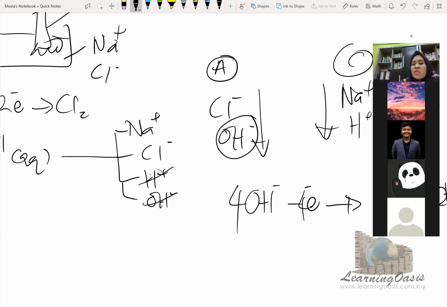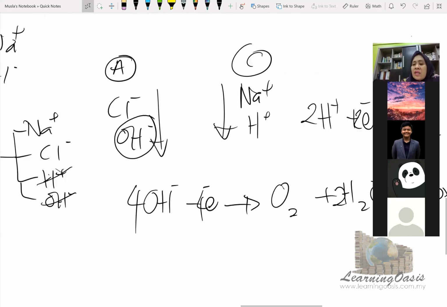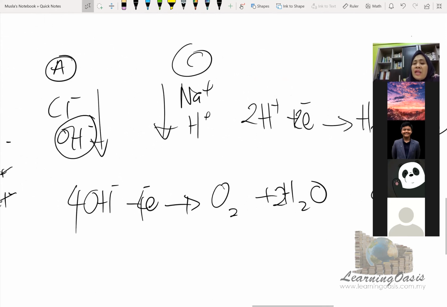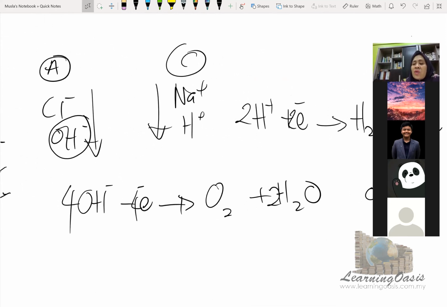So what will be chosen at the anode will be hydroxide ion, hence you get your oxygen. What you get at your cathode is hydrogen ion, hence you have your hydrogen. You choose hydrogen instead of sodium because hydrogen is less reactive than sodium. You choose hydroxide because hydroxide is less reactive than chloride ion.